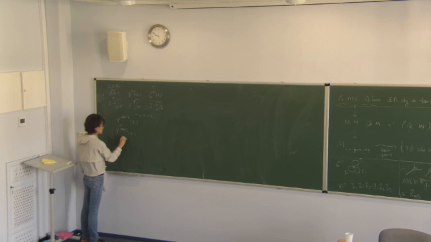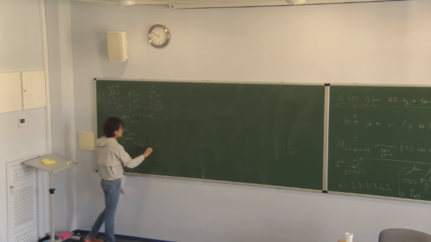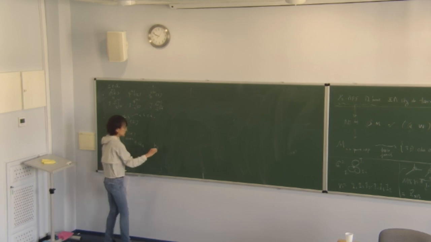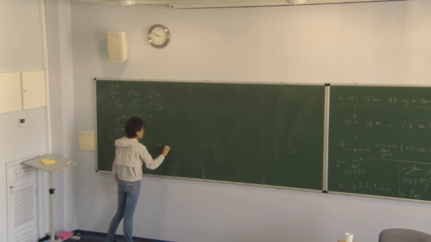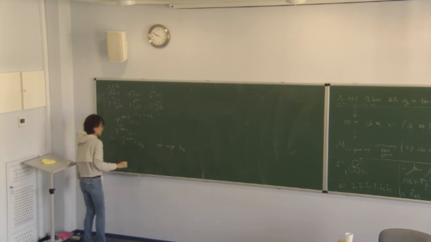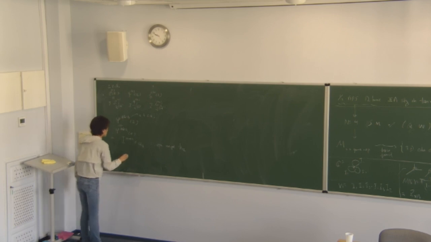For each arrow, so this is the arrow from A to B inside the quiver, we introduce an equivariant weight. And then, remember we have this superpotential here.